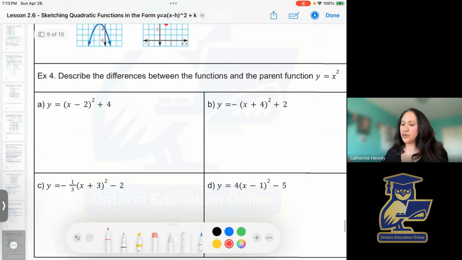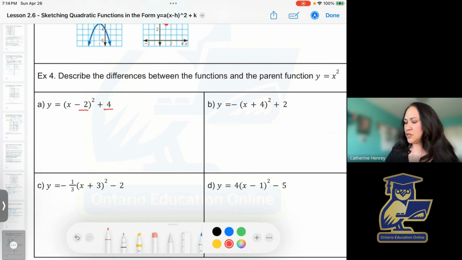Next couple of examples, again, we don't want to just be able to graph them, but we want to be able to describe the changes of the functions compared to the parent function. So if I take a look at A, I have an H and I have a K. Again, H causes shifts left to right and K causes shifts up and down.